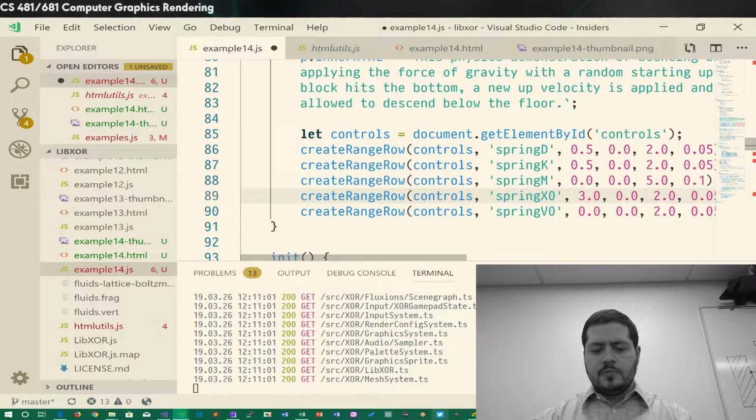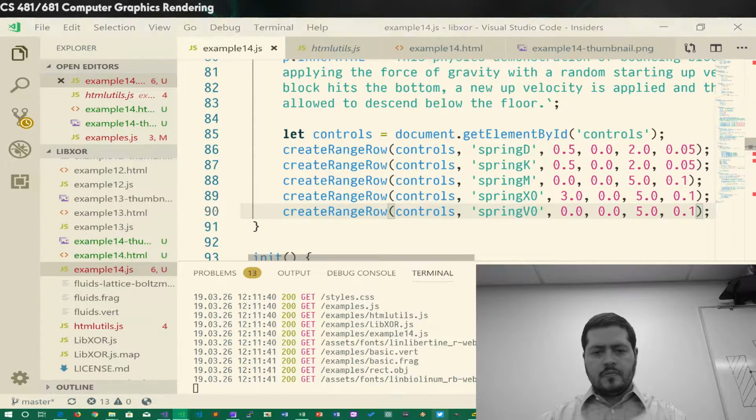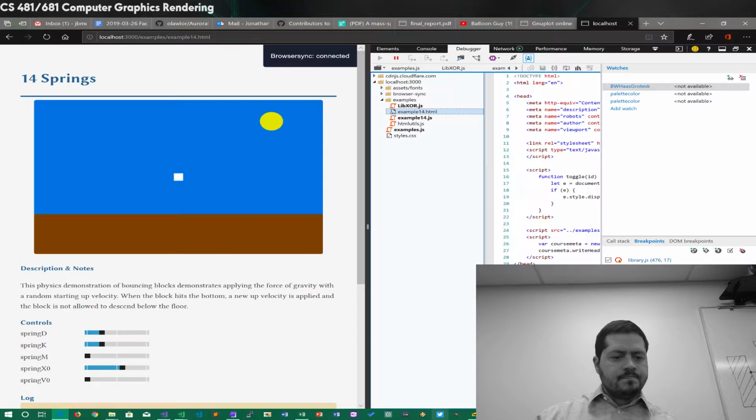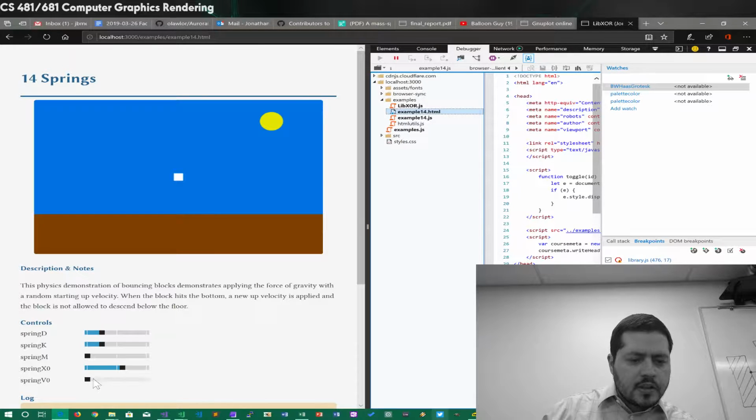Let's say it can go from 0 to 5. Okay, so our springs over here. Let's maybe give it an initial velocity. Seems like it's working. Okay, that works because we were expecting.